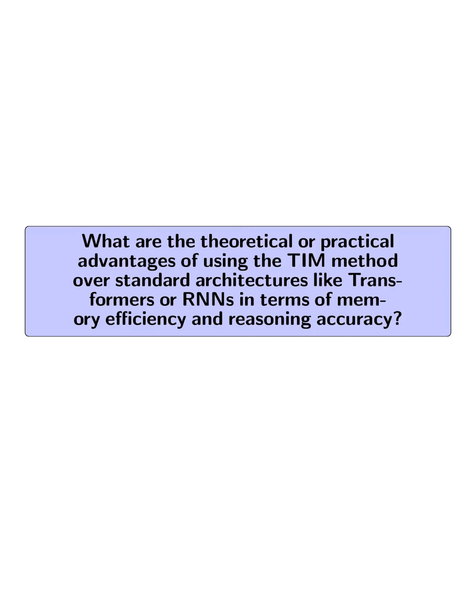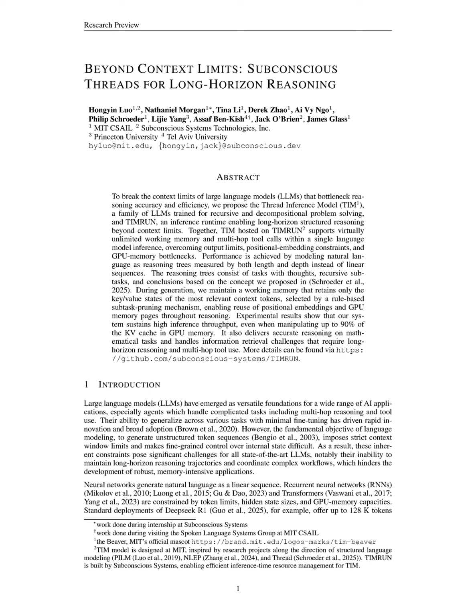What are the theoretical or practical advantages of using the TIM method over standard architectures like transformers or RNNs in terms of memory efficiency and reasoning accuracy? The TIM method offers significant theoretical and practical advantages over standard architectures like transformers and RNNs, particularly in memory efficiency and reasoning accuracy.